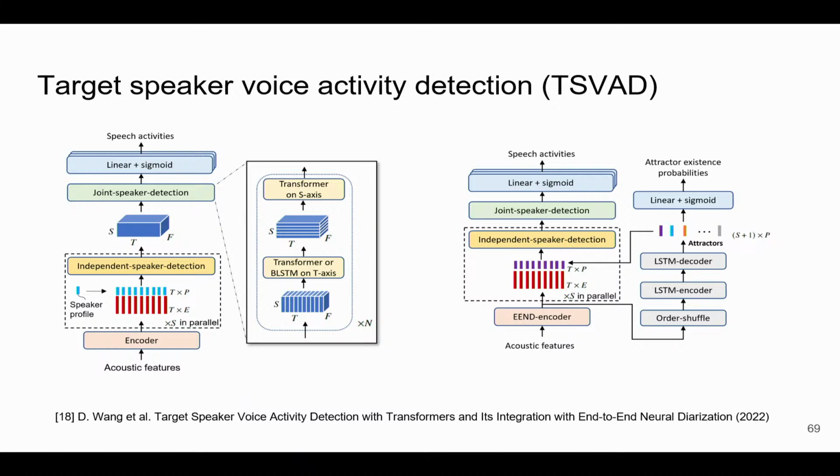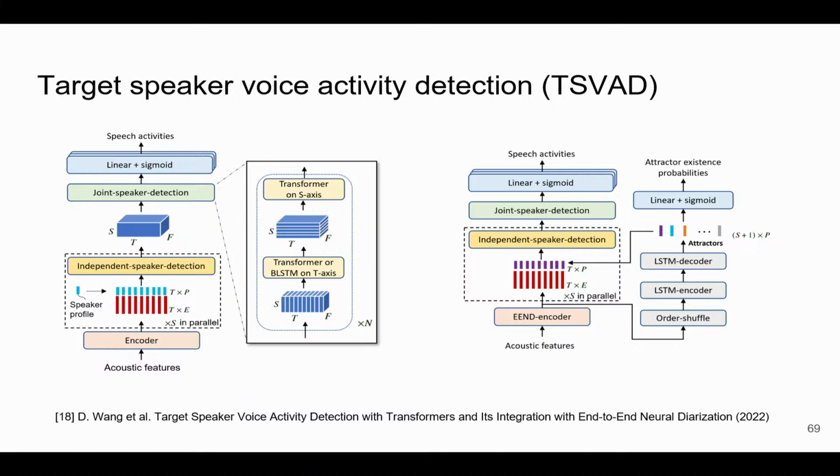In this work, they replaced those BLSTMs by transformers, but they also had an alternative version to handle a variable number of speakers, where they combine this TSVAD-like detection of activities with the notion of attractors that we discussed before in end-to-end neural diarization with encoder-decoder attractors. They have these LSTM encoder-decoders, you get the attractors, and that's what you use for finding the activities. So this is one possible approach, and there have been many works around these ideas.